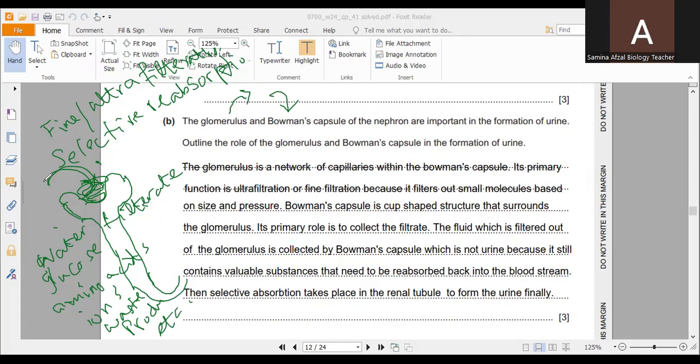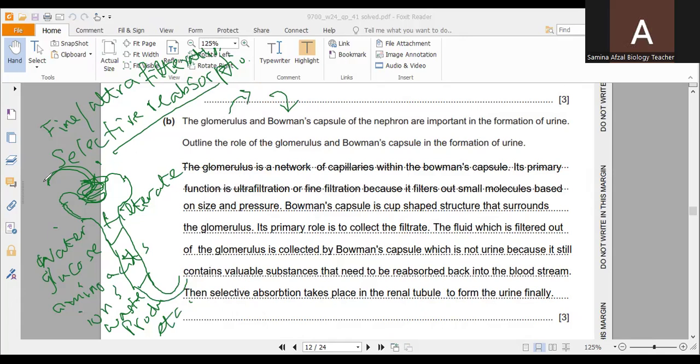Glucose is there, amino acids are there, ions are there, which should not be excreted out of the body. So the process of selective reabsorption takes place. As a result, all these nutrients, ions and water, which are important for the body, are reabsorbed over here. So I will explain all this in this way.